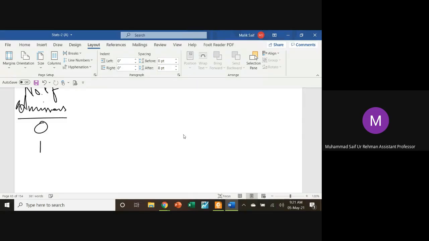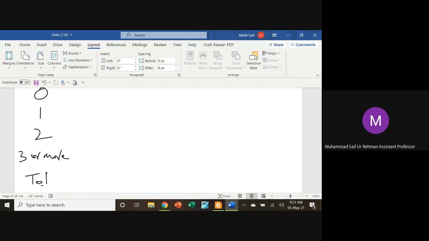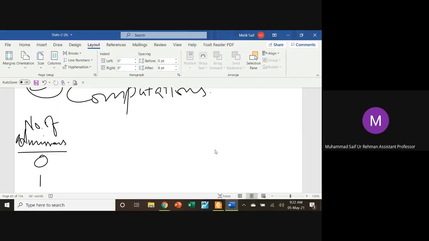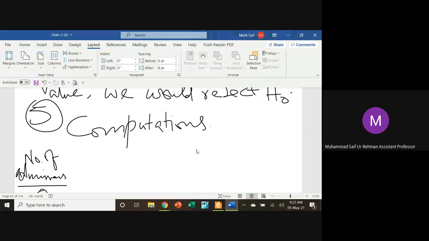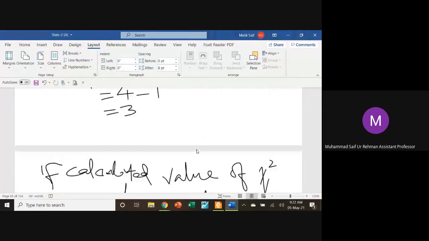So one means people admitted once, two admitted twice, and then three or more. And then there will be a total. First of all, you see what the relative frequencies are.